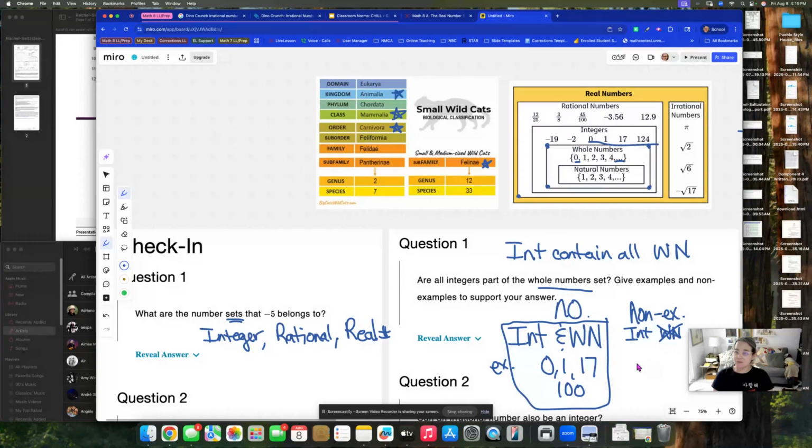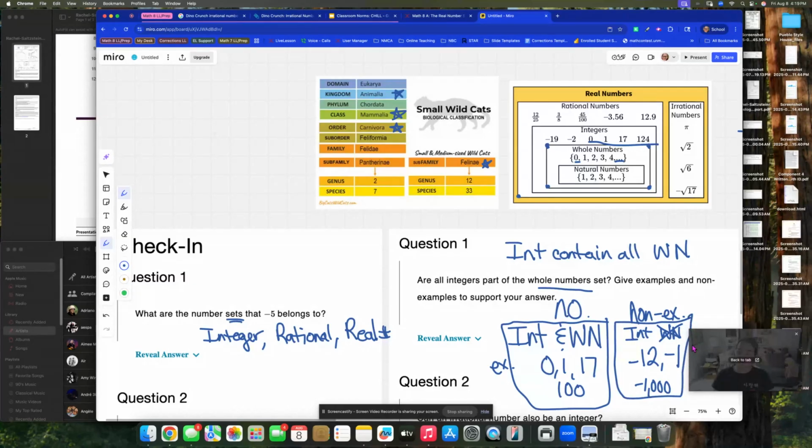So the non-examples would be like the -19 or the -2 or -12, -1, -1000, whatever you want there. These are integers, but they are not whole numbers. So the answer to the question is no. Are all integers part of the whole number set?